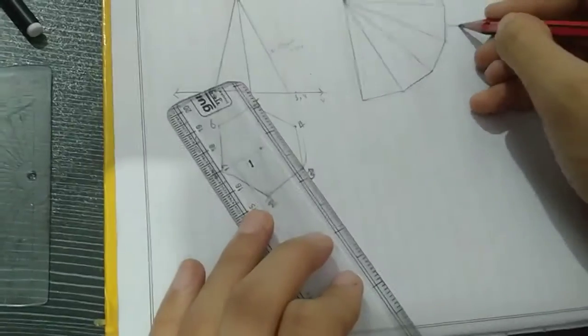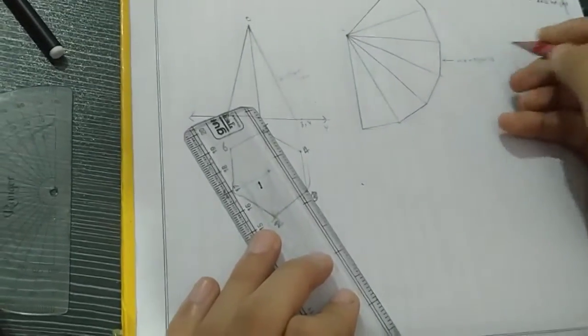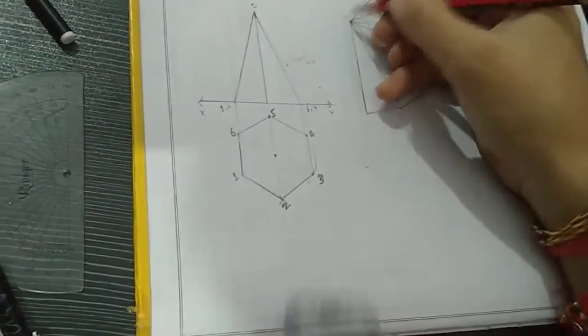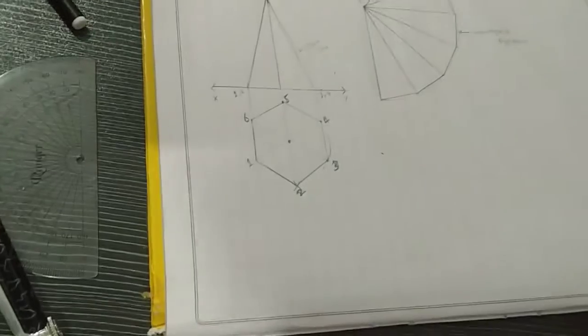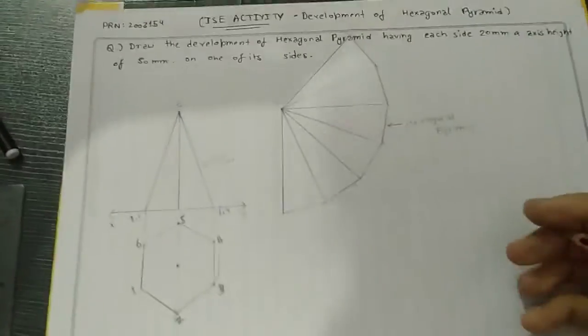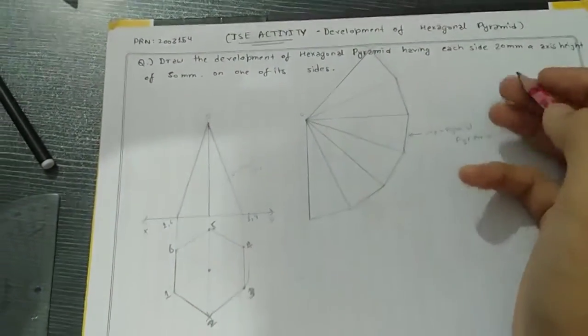Now in this way our figure for the hexagonal pyramid is constructed, and the figure will look like a complete hexagonal pyramid after using these steps. Yes, the question has shown you.